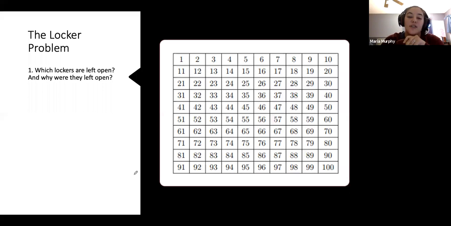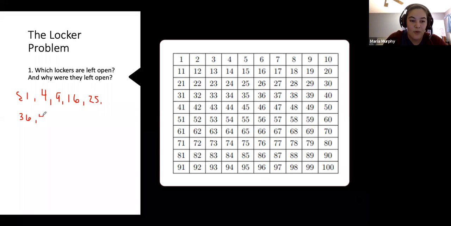We'll go into actually solving some of these questions, right? I know you guys did a lot of the work on your own, and I only did it partially. But I'm going to ask which lockers were left open and why were they left open? As we discussed, the lockers that were left open were numbers 1, 4, 9, 16, 25, 36, and 49.